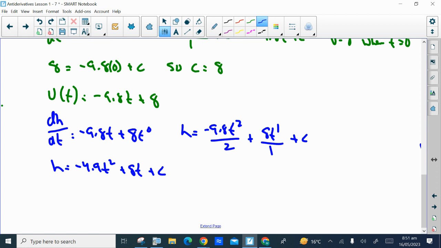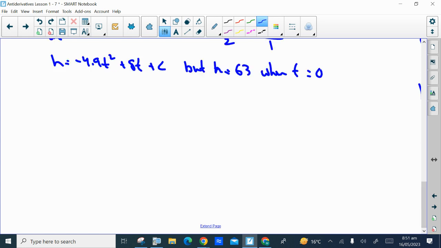Now, we can find out what c is here, because we are told that the initial height is 63 meters. So h equals 63 when time equals 0. So this will allow us to determine our c value for our h function.